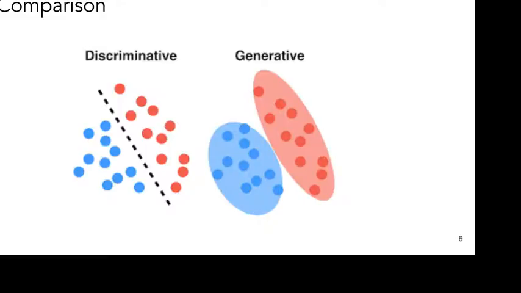And then in the generative case on the right, it's saying, okay, given that we have this distribution of blue over here and this distribution of red over here, we are going to predict some points that might fall into either one or the other of those distributions. Say we want a point of the red class, we would put it somewhere in that red oval. And if we want a point of the blue class, we would put it somewhere in that blue oval. So instead of predicting, it's actually generating new points.